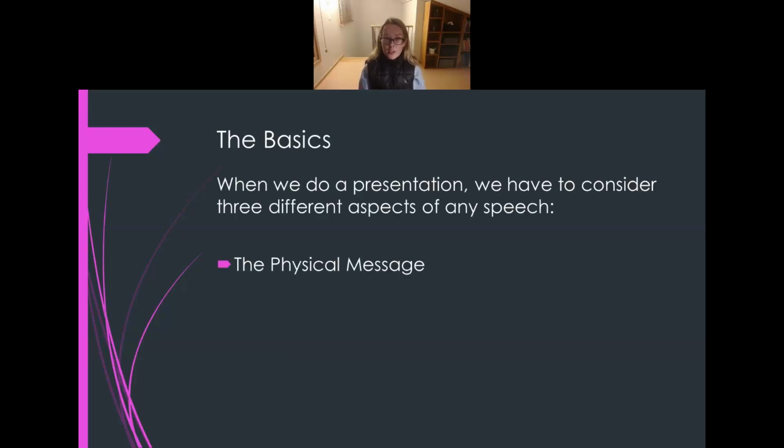The physical message, which is what we're going to do today, like gestures and stuff. The visual message, which is like what you would present in your PowerPoint presentation or Google Slides or whatever you guys are doing, what they can see. And then there's the story, and that's what you're trying to say. Okay, so today we're going to do the physical message, like gestures.